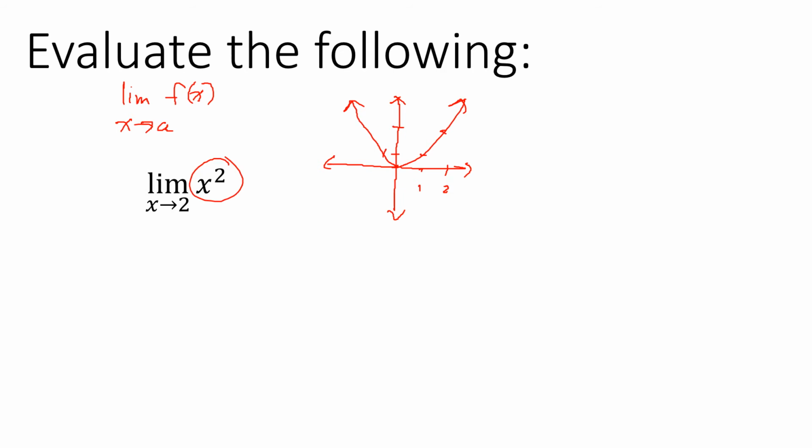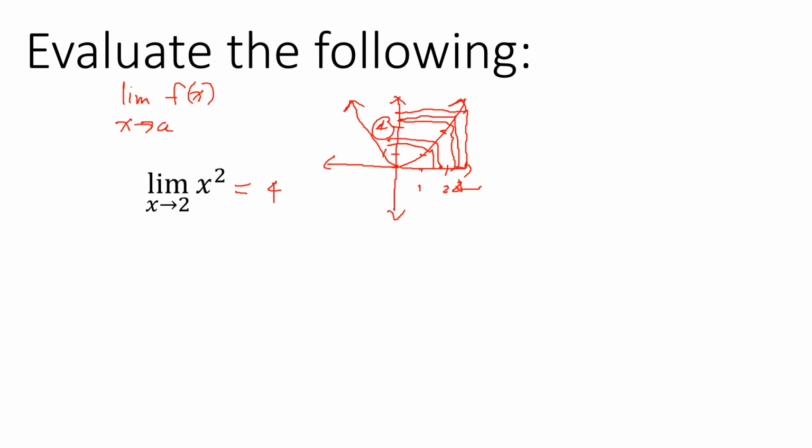You evaluate. How does the function behave as x approaches 2? From the right of 2, the values of the function are going closer and closer to which value here? As you can observe, it goes closer and closer to 4. So we say that this is equal to 4.